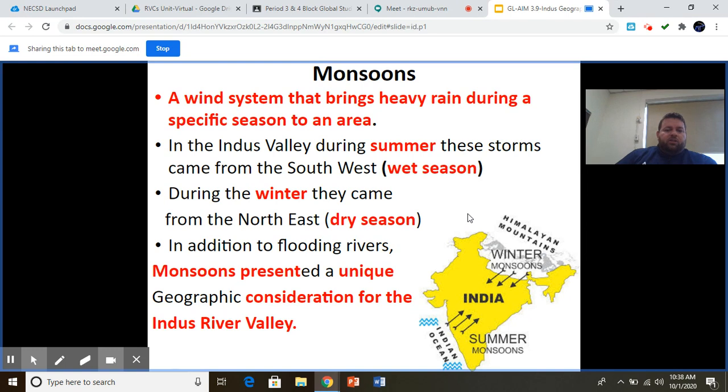So this presents a unique consideration for the Indus River Valley, because when you talk about agriculture and irrigation and water supply for agriculture, we're usually talking exclusively about the use of rivers, but monsoons in this particular instance present a unique geographic consideration that doesn't exist in the other river valleys.